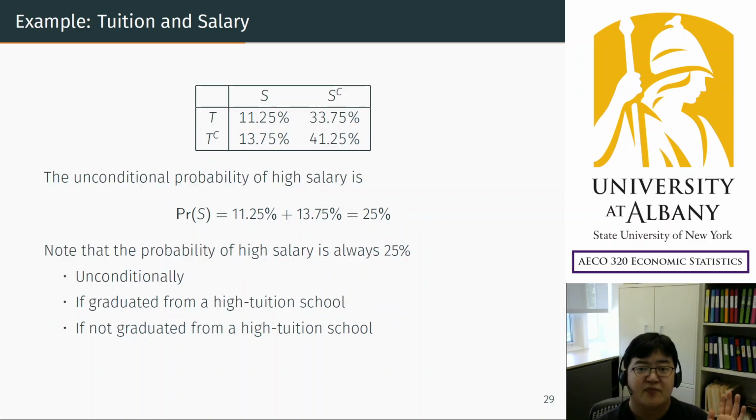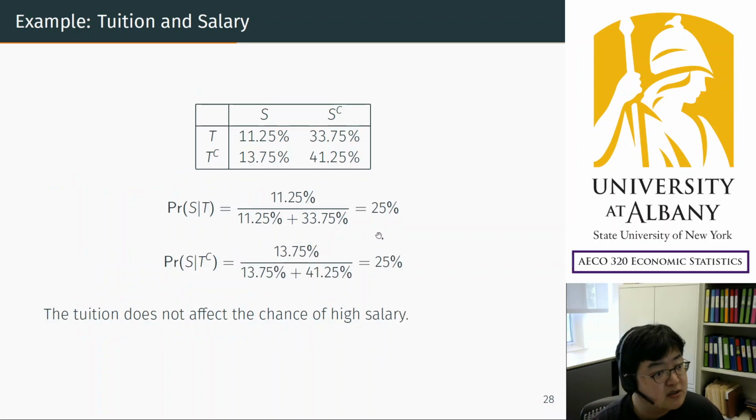They are the same thing, and we are going to compare them to another probability, which is just an unconditional probability. So if you calculate the unconditional probability of high salary, we are using all 4 numbers together, and this event S includes two outcomes, so its probability is again 25%, right? Which is the same as these conditional probabilities.